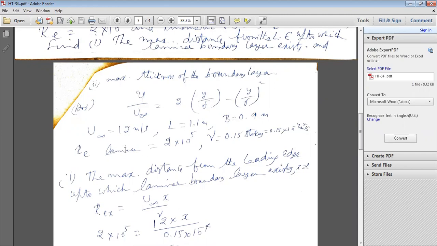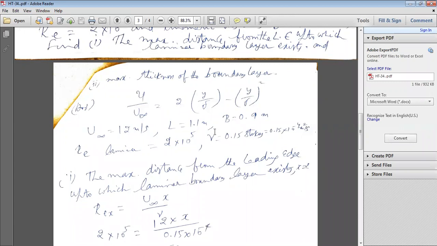Reynolds number up to which the flow is laminar is mentioned in the problem. That's why you have to take this value. If nothing is mentioned, you have to take 5 into 10 power 5. But it is clearly given in this problem, laminar boundary layer exists up to a Reynolds number of 2 lakhs, that is 2 into 10 power 5.